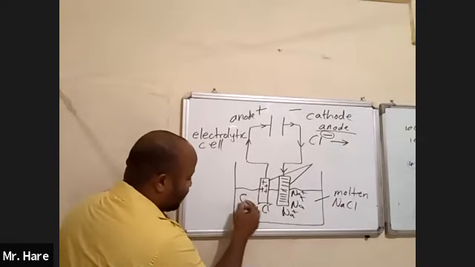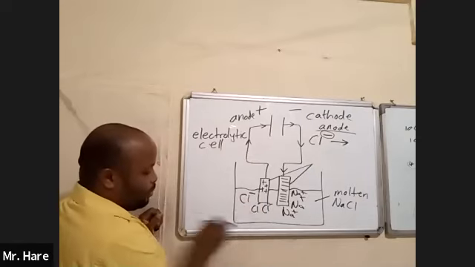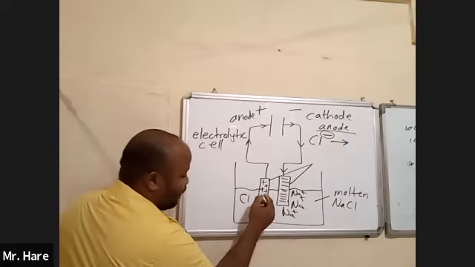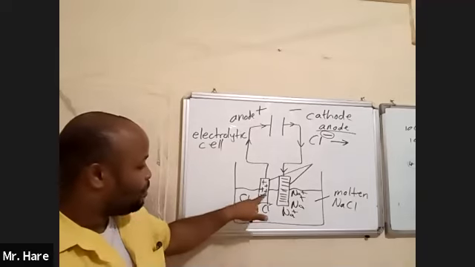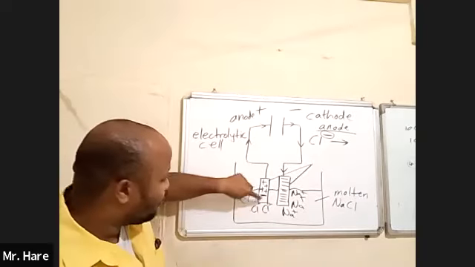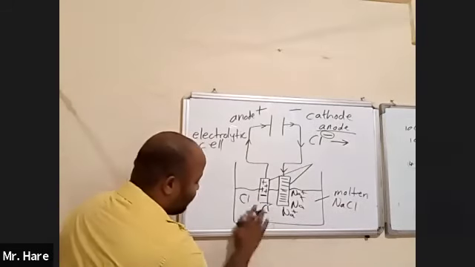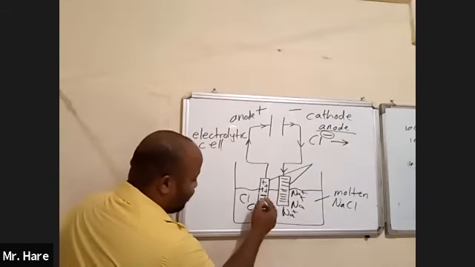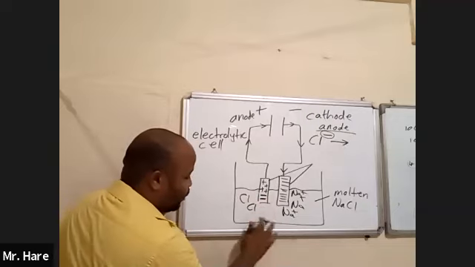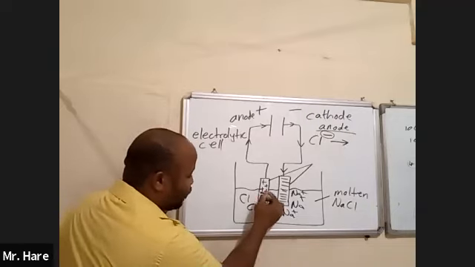So let me just draw it. So Cl minus is going to come to the anode and give that electron to the anode, and so the process can continue. So your negative ions come to the anode and give up the negative charge, which is the electron.